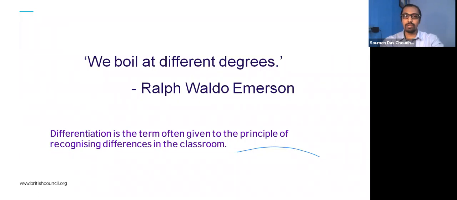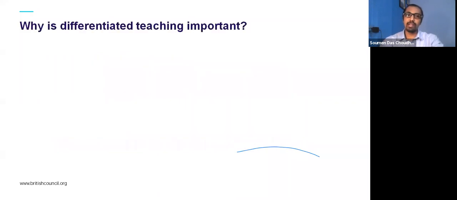So as teachers, when we appreciate and respect this fact, using differentiated teaching in the classroom becomes easier and more effective.